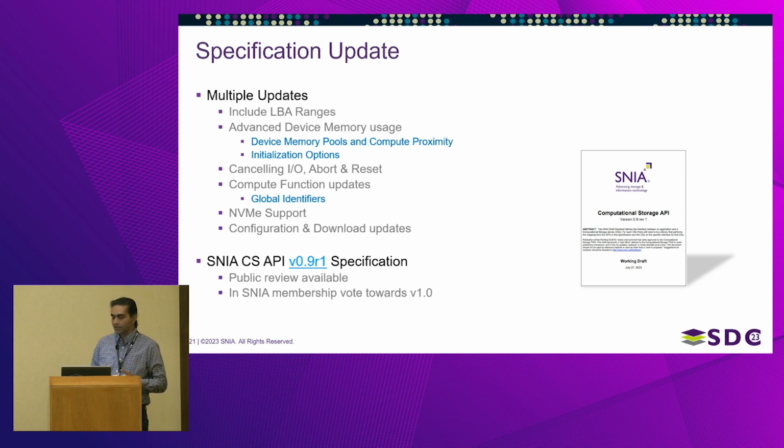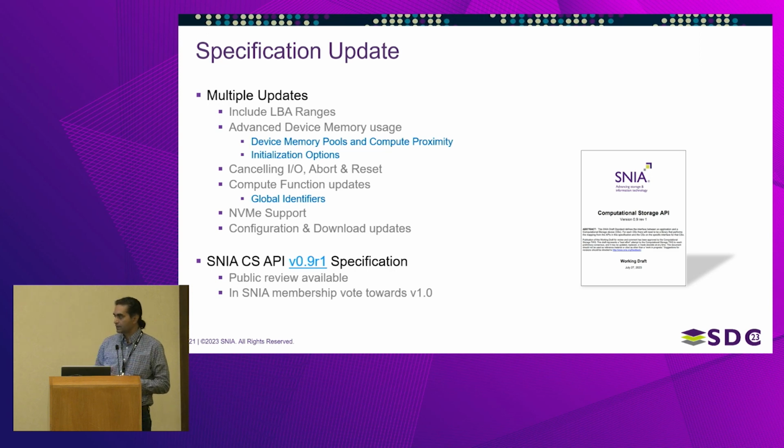And also the global identifiers, which means you can identify a function either by a name or by a globally registered identifier, be it a specific checksum type or a compression type, and so forth. And lastly, we added NVMe support.